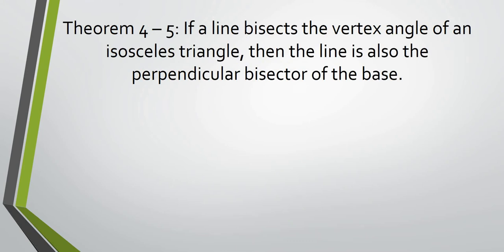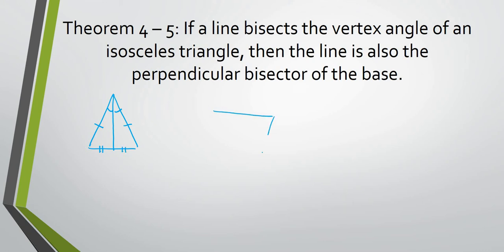Okay, theorem 4.5. If a line bisects the vertex angle of an isosceles triangle, then the line is also the perpendicular bisector of the base. So if I have an isosceles triangle and I have a line that bisects the angle up here, then I can also say that it bisects the base.